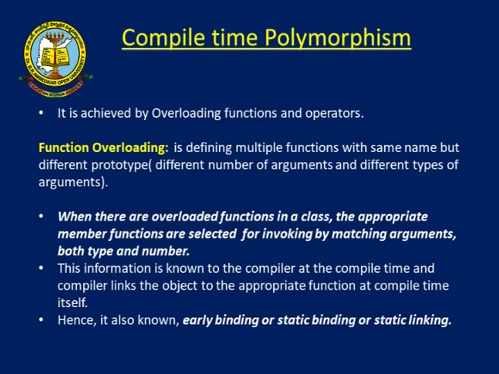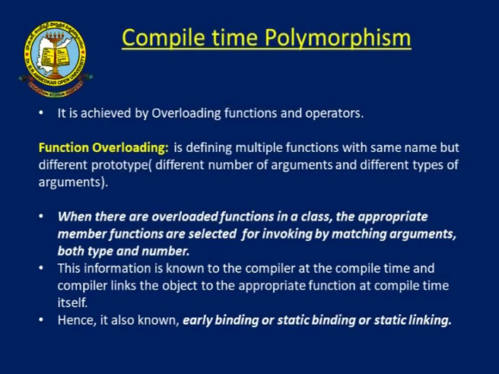So let us try to understand what compile time polymorphism is. As I have said already, it is achieved by overloading functions, member functions, or overloading operators. Let us understand what is meant by function overloading. We are already familiar with functions.